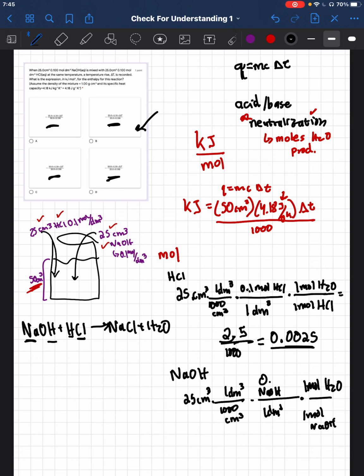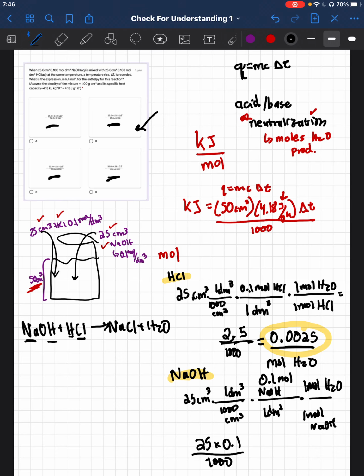Wow, I did it a little too quickly. We did not even put in our 0.1 mole for the molarity. All right, so again, 25 times 0.1 divided by 1,000. So I see that no matter if HCl or NaOH reacts completely, they make the same amount of moles of H2O.